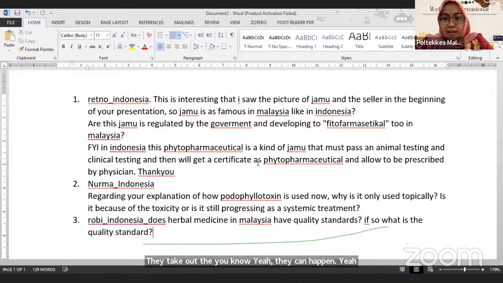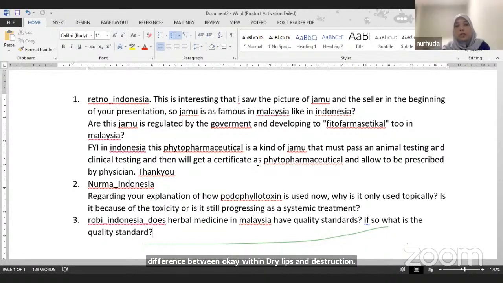Okay, the next question, doctor, we still have from Noya. I guess she is asking what is the difference between dry leaves and tea extraction for the function. The difference: dry leaves is that you take the leaf and you dry it, and that's all.